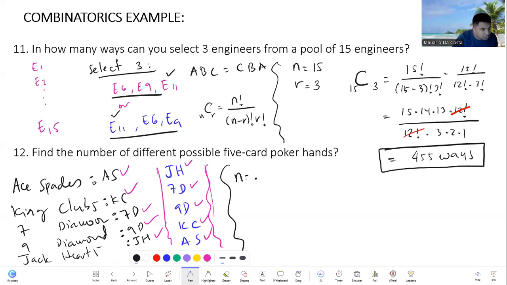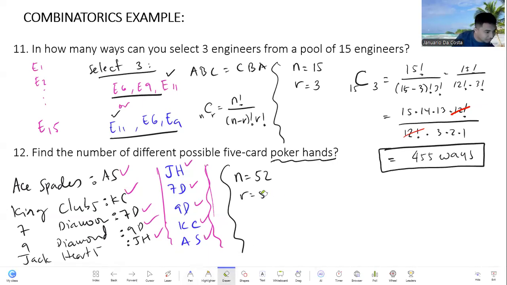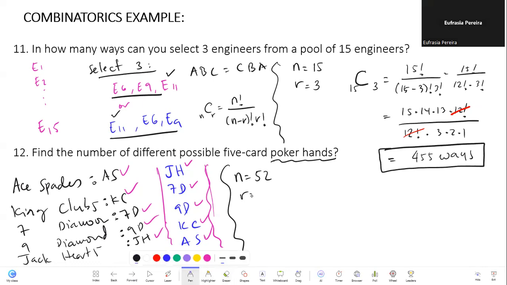So our n is equal to what? 52 total cards, yes, 52. And r is equal to 5. Do you understand? The total number of cards is 52.